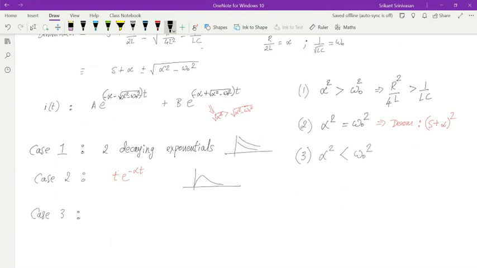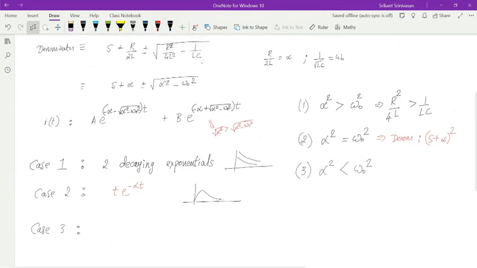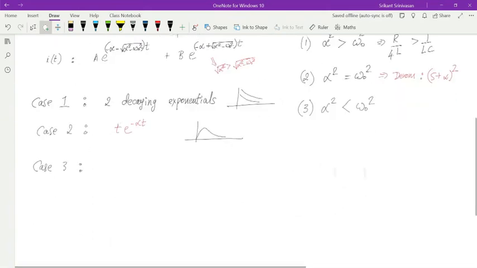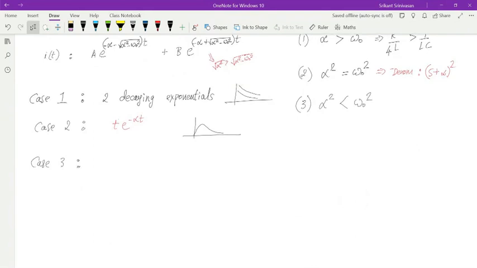Case 3 is when alpha square is less than omega naught square. So then I have a complex function because this is a square root term. So now I have terms in the denominator: one over s plus alpha plus j omega, and the second term is s plus alpha minus j.